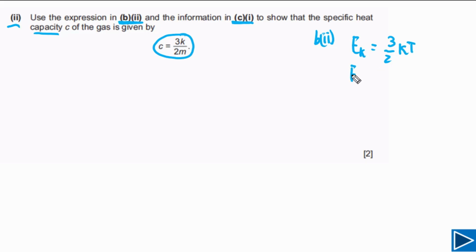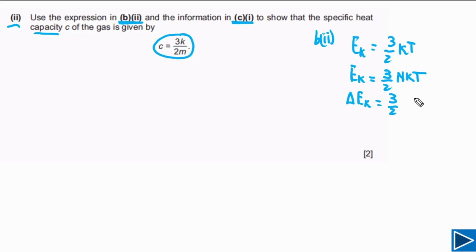If we are talking about the kinetic energy of a gas, total kinetic energy of a gas, we have to multiply this one with the number of molecules, means total kinetic energy will be equal to the sum of the kinetic energies of all the molecules. So we will say total kinetic energy or internal energy, that will be equal to 3 by 2 NkT. If we are talking about the change in kinetic energy, we can rewrite this one.